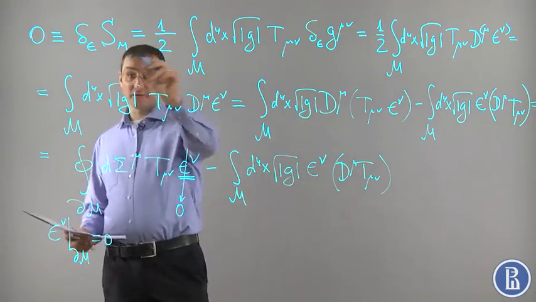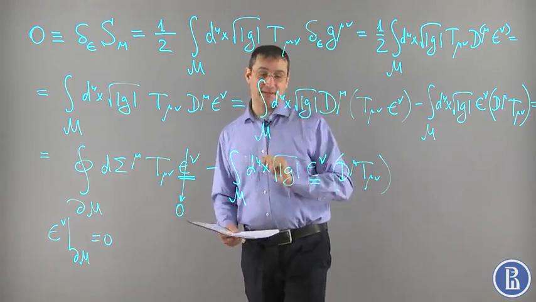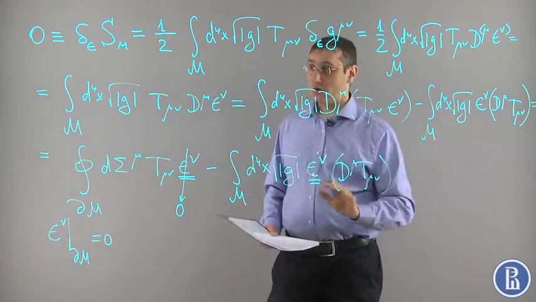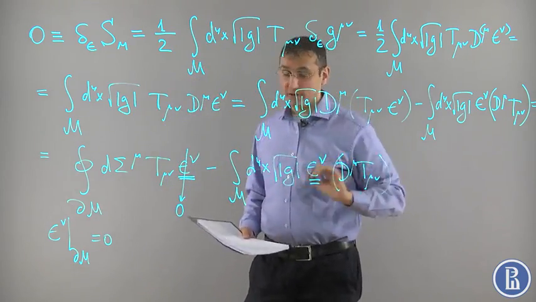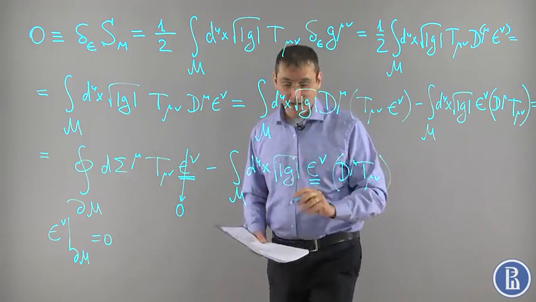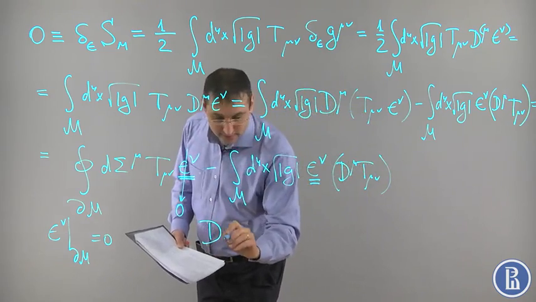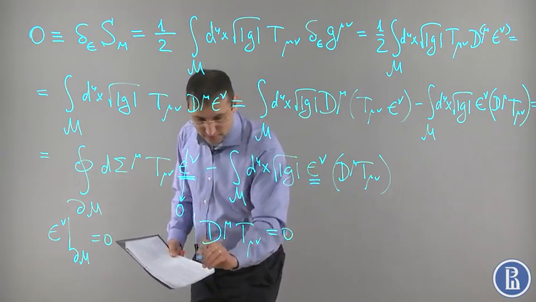And as a consequence of this equality, for this to be 0 inside the space-time manifold for arbitrary epsilon nu, we have to have that d mu t mu nu is equal to 0.